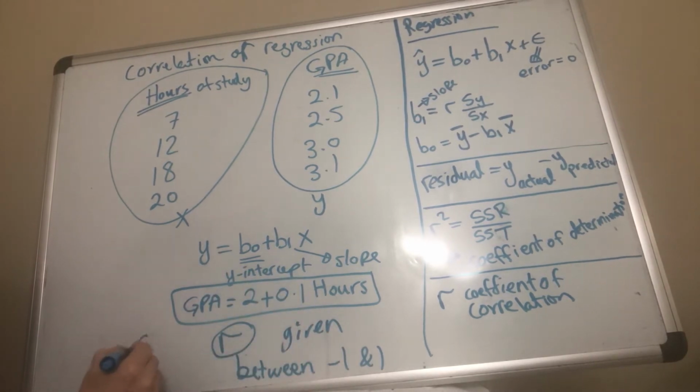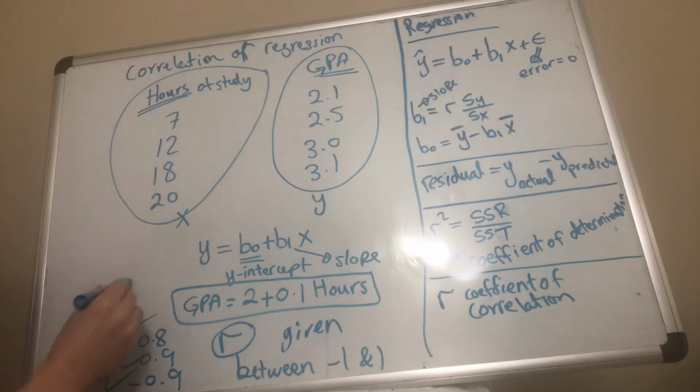If you get 0.8, it's strong. 0.9 is even stronger. Minus 0.9 is also very strong, but negative. At 0.3, we consider it a weak relationship. Anything below 0.6, we consider weak. I don't think you'll see weak relationships, but that's what we consider weak.